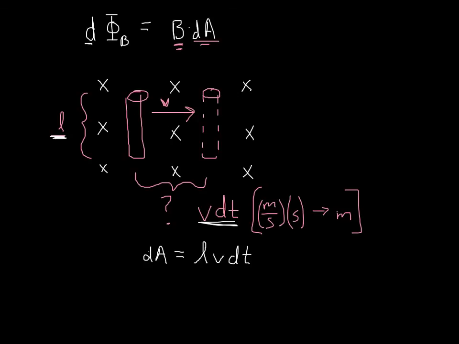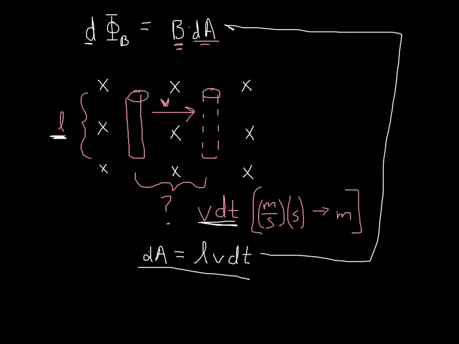Okay, so I can use all of this and plug it into the definition of my magnetic flux that I got from before. So I get d phi for the magnetic field is equal to B, the magnitude of my magnetic field, times L times V times dt.